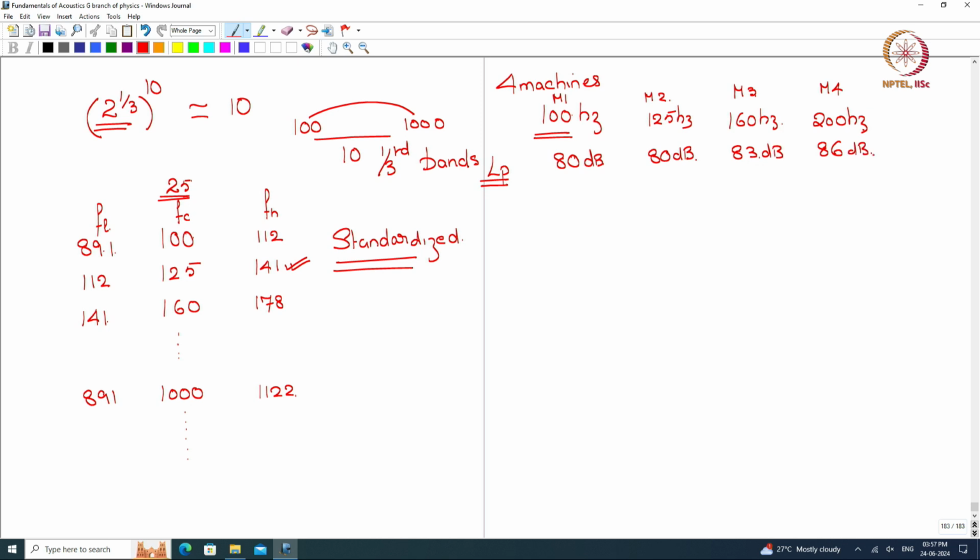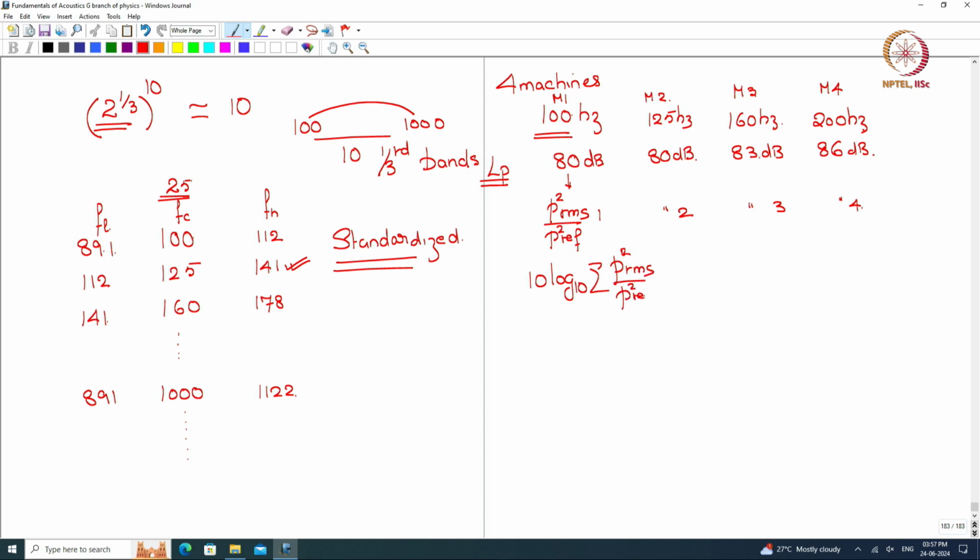Okay. Now I could convert this into P square RMS by P square reference, 1, similarly 2, 3, 4, and I could add them up and then again apply 10 log to the base 10 of the summed up P square RMS by P square reference.